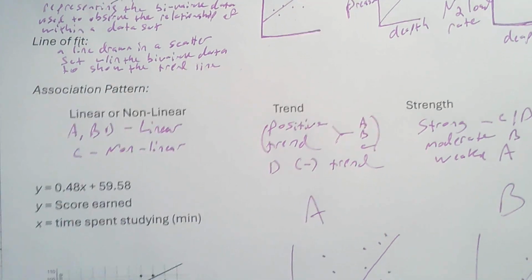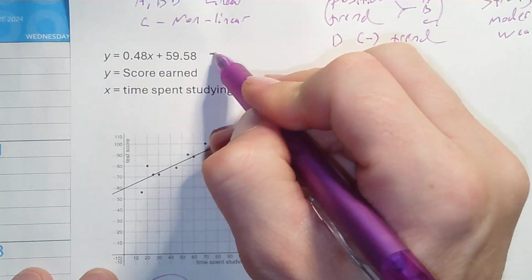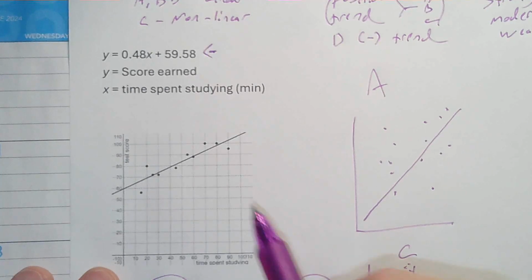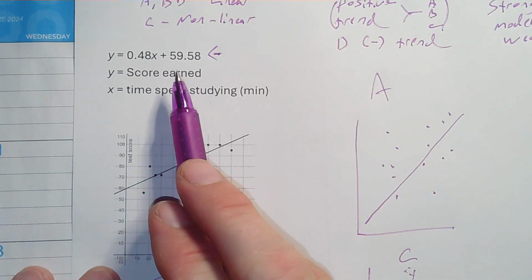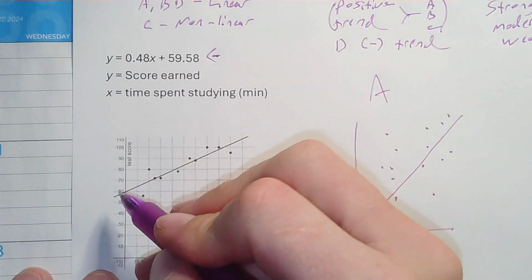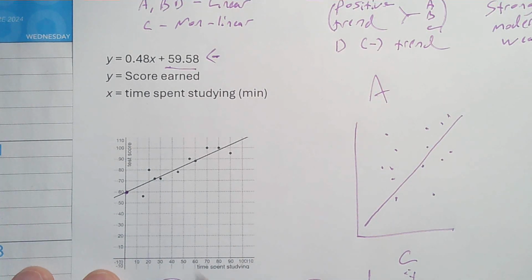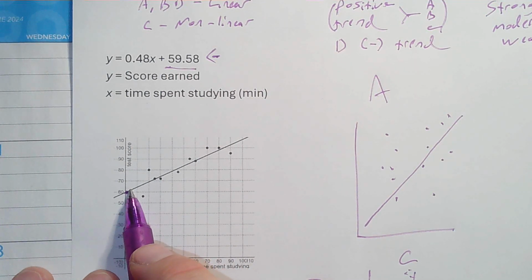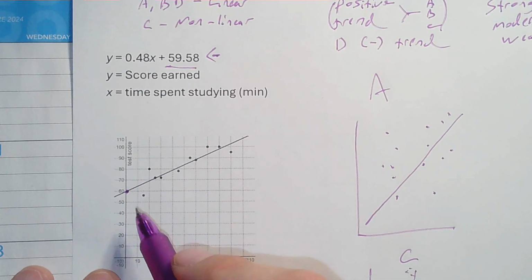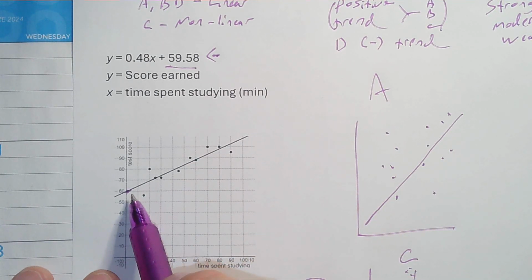Okay. So anyway, we look at our example here. This is the loose approximate equation. We can see it approximately intercepts the y-axis at about 60. So our y-intercept is 59.58, almost 60. And this line of best fit has a slope of about a half.